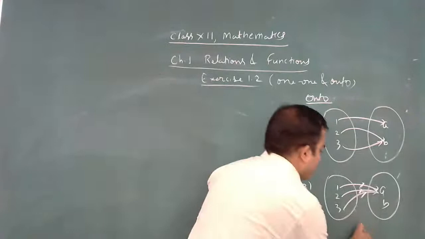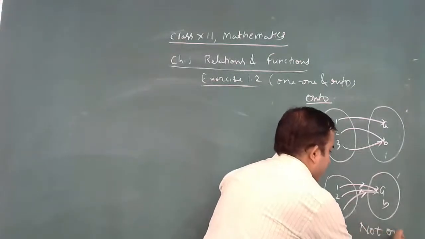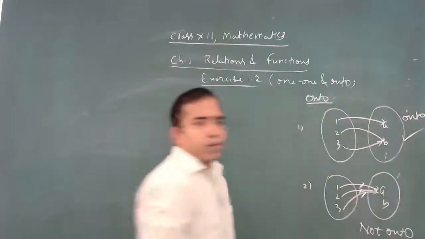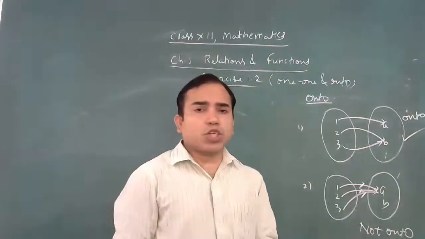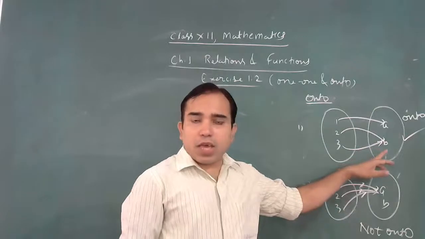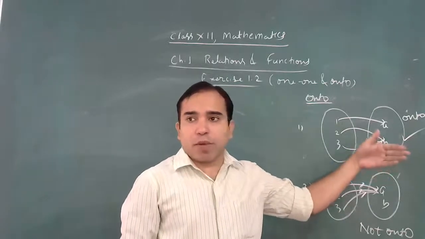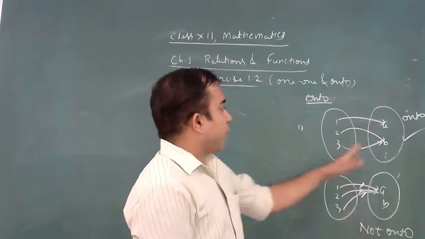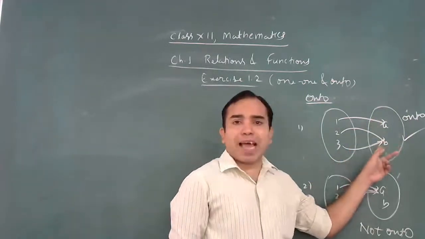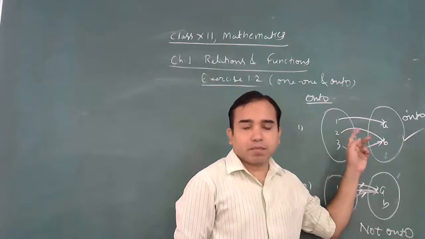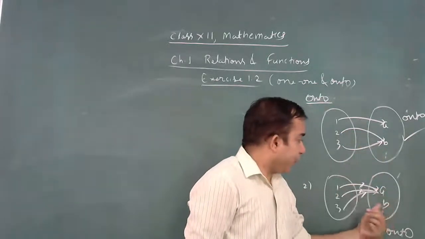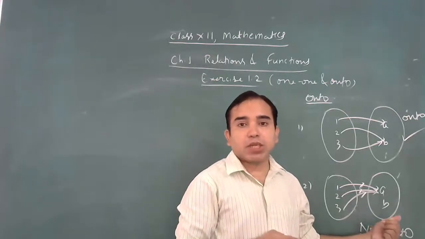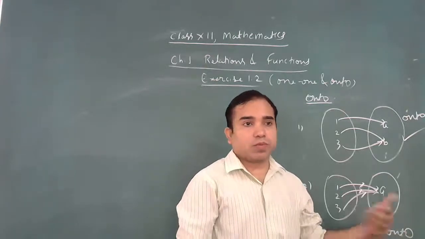This is not onto, but this is onto. Right? Definition is that if range is same as codomain, then the function is onto. If all the codomain points have pre-images, that's onto. If any codomain point is such which doesn't have a pre-image, then that function is not onto.